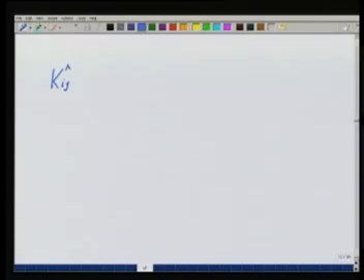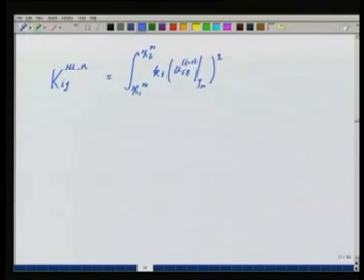Similarly, K_ij nonlinear in the element n will be equal to the integral from x1 of the element n to x2 of the element n of k1 into (u_fe from the step i minus 1 in the element n) whole thing squared, into N_i in the element n, N_j in the element n, dx.